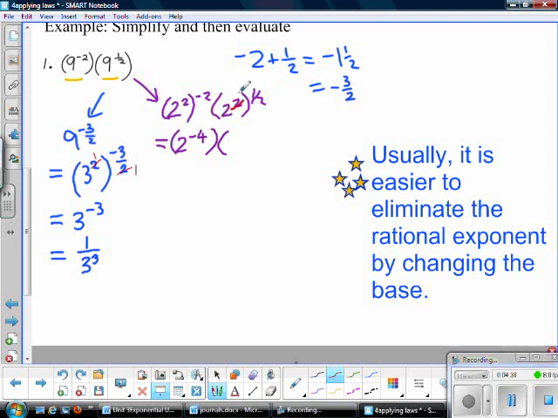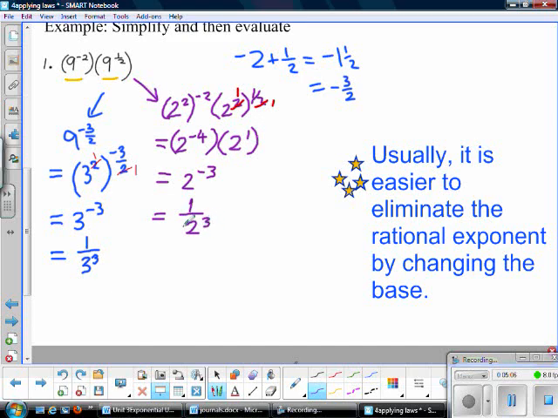This 2 goes into itself once, this 2 goes into itself once, so I'm left with 2 to the power of 1. Then what happens? Multiplying, add my exponents. So -4 plus 1 would be -3. Notice I get the same answer at some point, and that equals 2 to the power of positive 3.